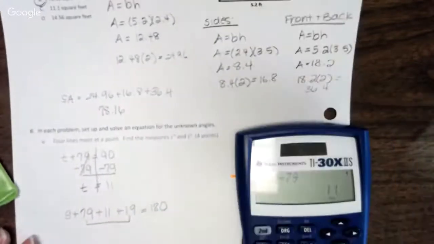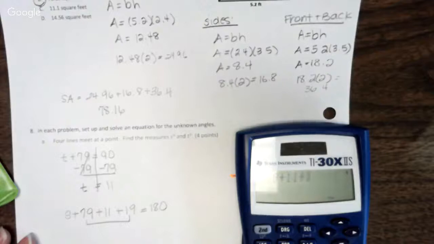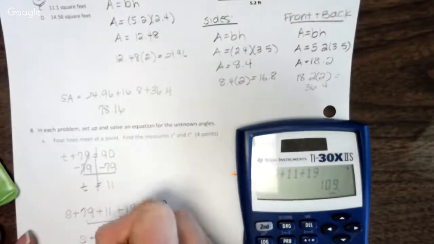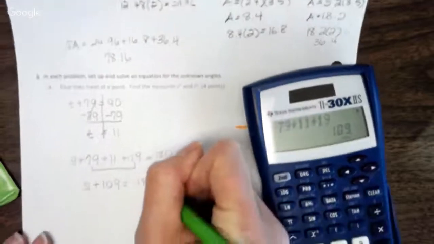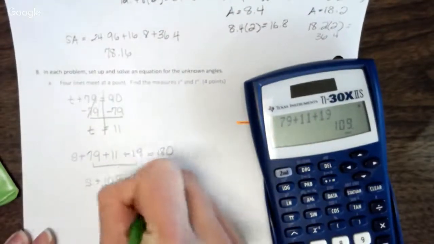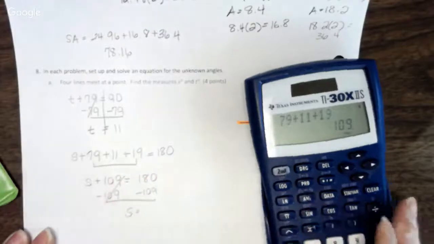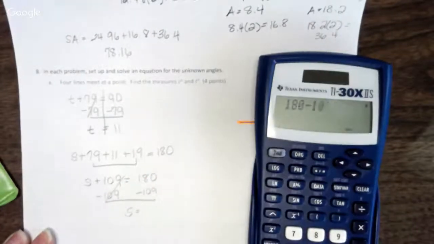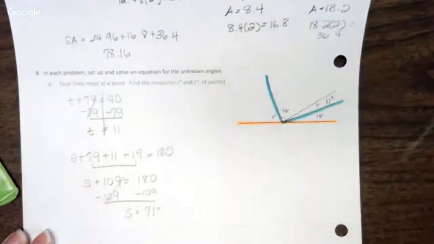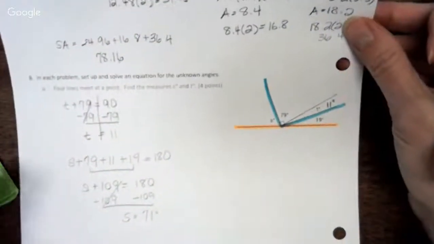I'm going to add those together. So 79, 11, and 19 is 109. To solve that, I'm going to subtract 109 from both sides. So S is equal to 71 degrees. All of this question is asking for is S and T, so we are done with that question.